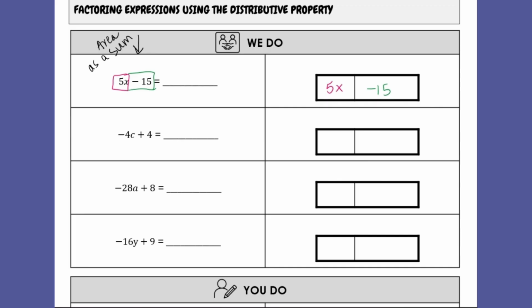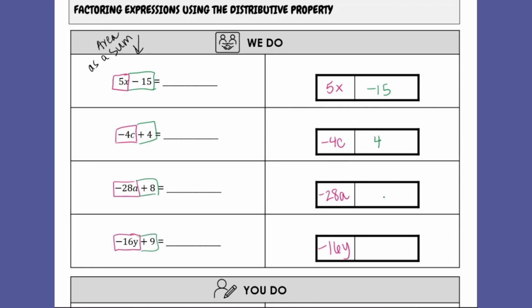So your first term is always going to be the area of your first smaller rectangle, and your second number is going to be the area of your second rectangle.